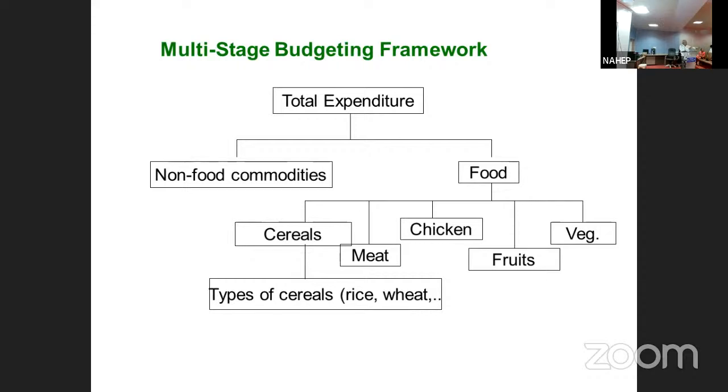First you take out that money in your pocket because that is fixed, you have to pay. Some fees you have to pay, buy clothes, pay the rent of the house, taxes you have to pay, so that is the non-food expenditure, right?